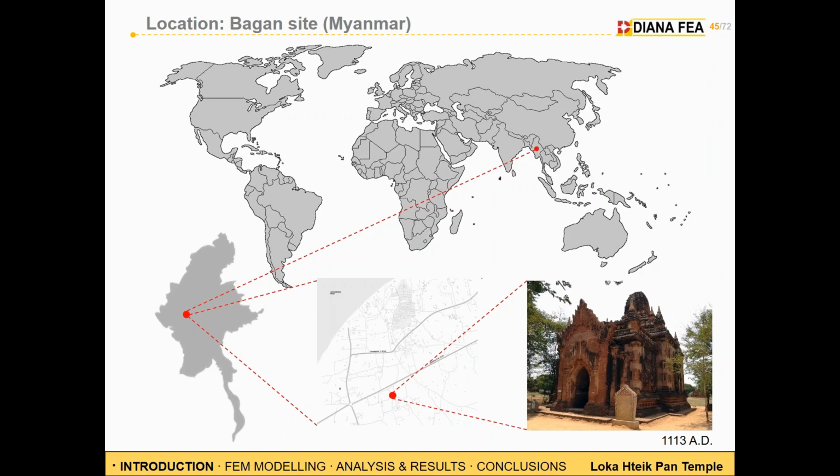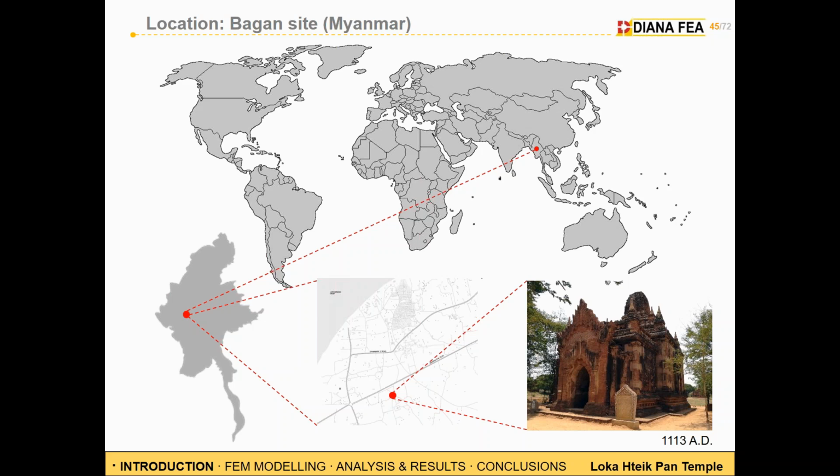Okay, as you already said, Loka Hpyat Pine Temple is located in Myanmar, in the archaeological site of Bagan, which contains more than 3,000 Buddhist temples, more or less all dated along the 12th century.